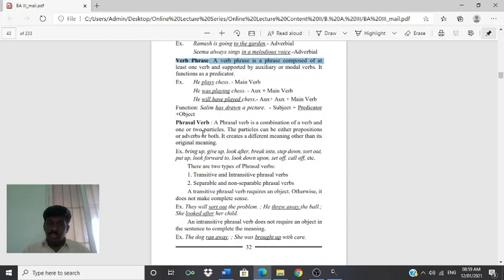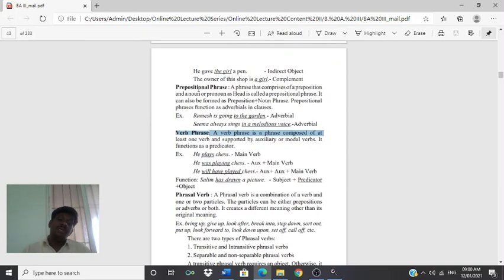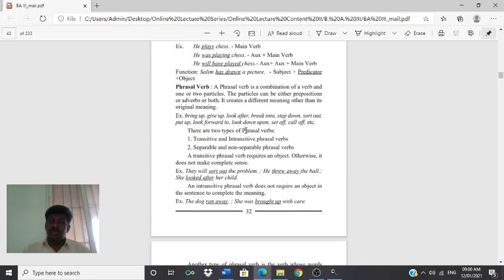Another important thing we should keep in mind is that a verb phrase always functions as a predicator in a clause or in a sentence. So this is what a verb phrase is. We learned about noun phrase, prepositional phrase, and the verb phrase. Here is one example of a function.